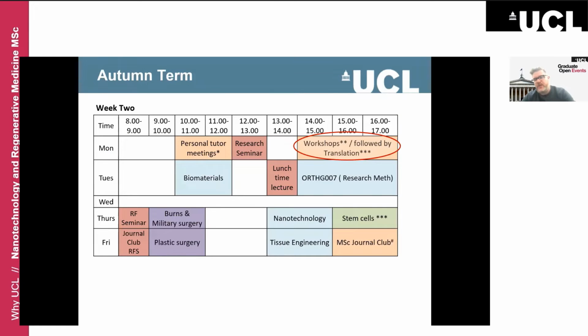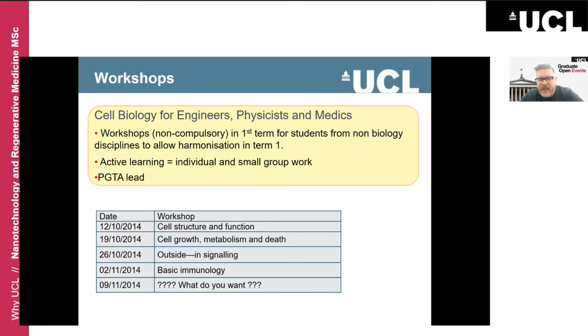We have some workshops. We are aware that we want a cross-disciplinary intake of students from different backgrounds, from hard sciences and biological sciences. So we have students from more chemistry or physics backgrounds, which is very useful for material science or designing nanoparticles.